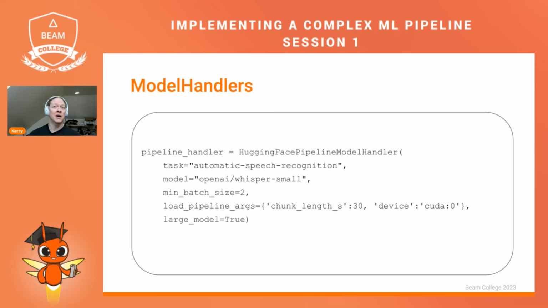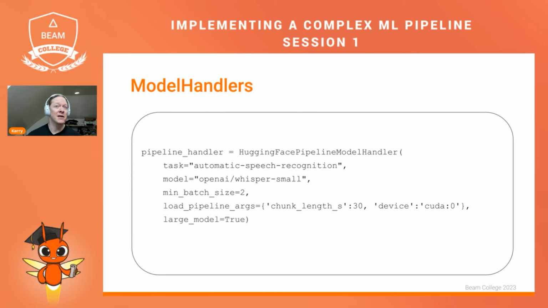So we have a HuggingFace pipeline model handler that allows you, the user, to take the HuggingFace pipeline's arguments and use them to call your model inside an Apache Beam pipeline. Here we can see that we need to provide what task, this is a normal pipeline argument, and which model hosted on HuggingFace we're going to use.